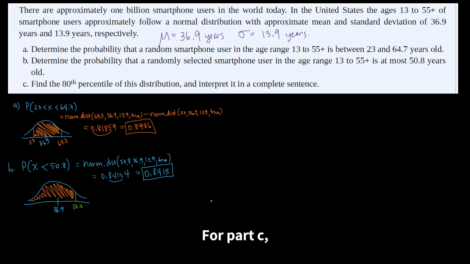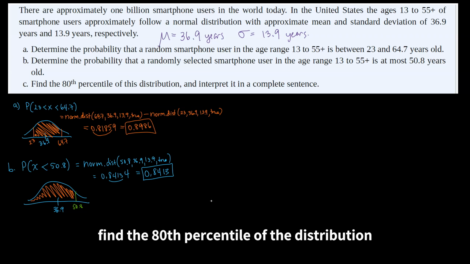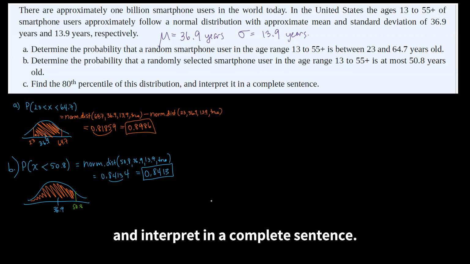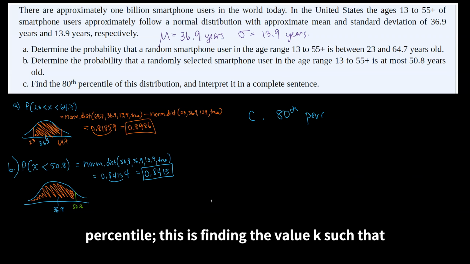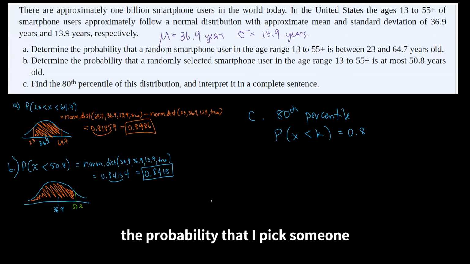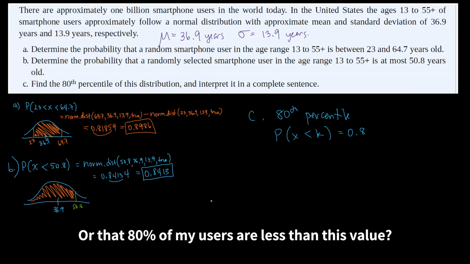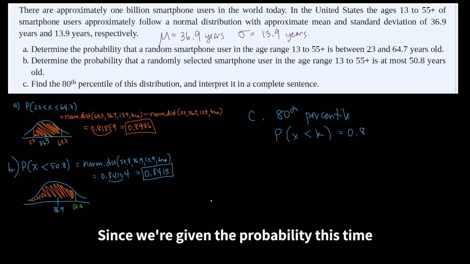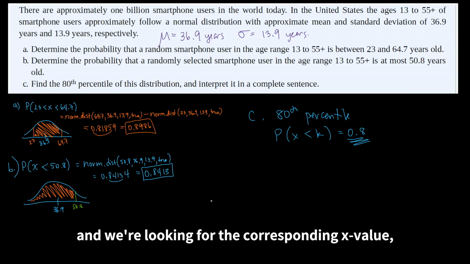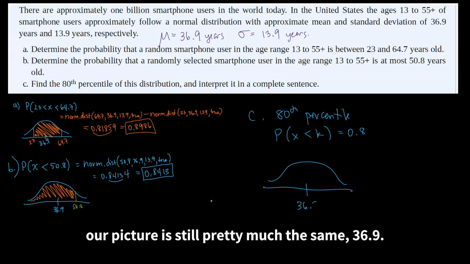For part C, find the 80th percentile of the distribution and interpret in a complete sentence. All right, we can do this. 80th percentile. This is finding the value k such that the probability that I pick someone and their age is less than k is 0.8, or that 80% of my users are less than this value. Well, since we're given the probability this time and we're looking for the corresponding x value, our picture is still pretty much the same, 36.9.